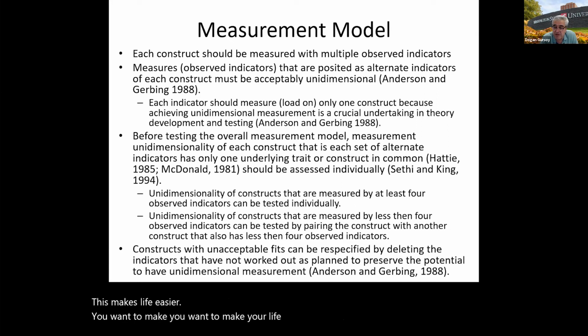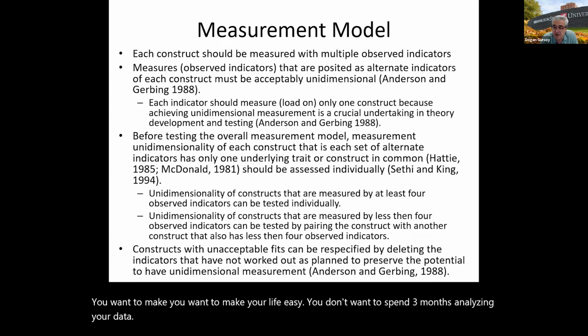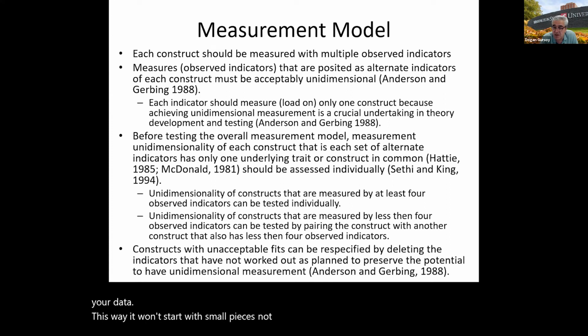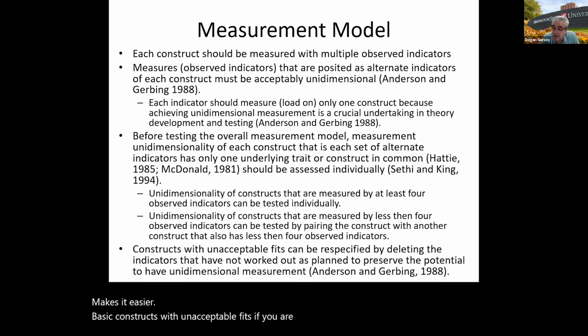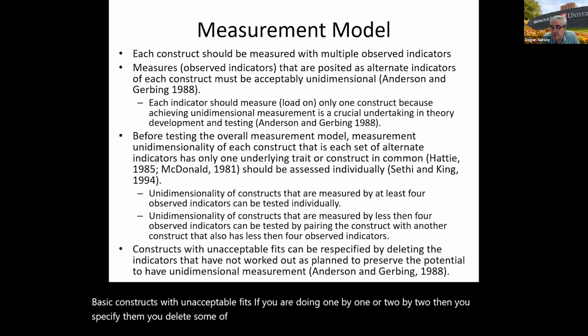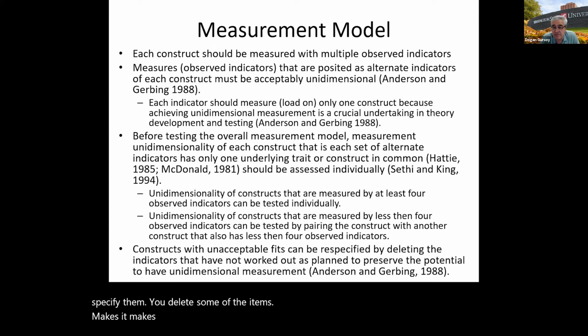You don't want to spend 3 months analyzing your data. That's why you start with small pieces, not the whole thing. For constructs with unacceptable fits, if you are doing them 1 by 1 or 2 by 2, then you specify them and delete some of the items.